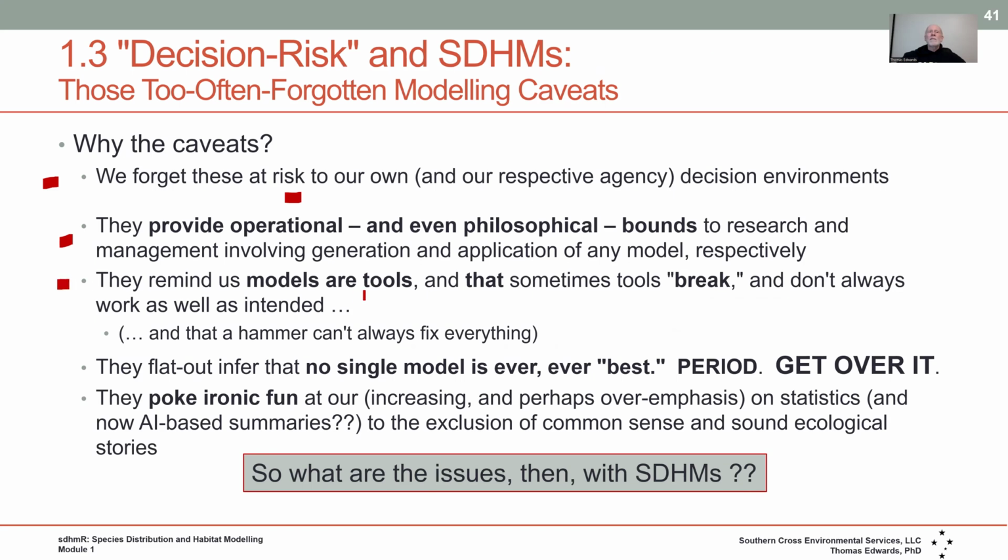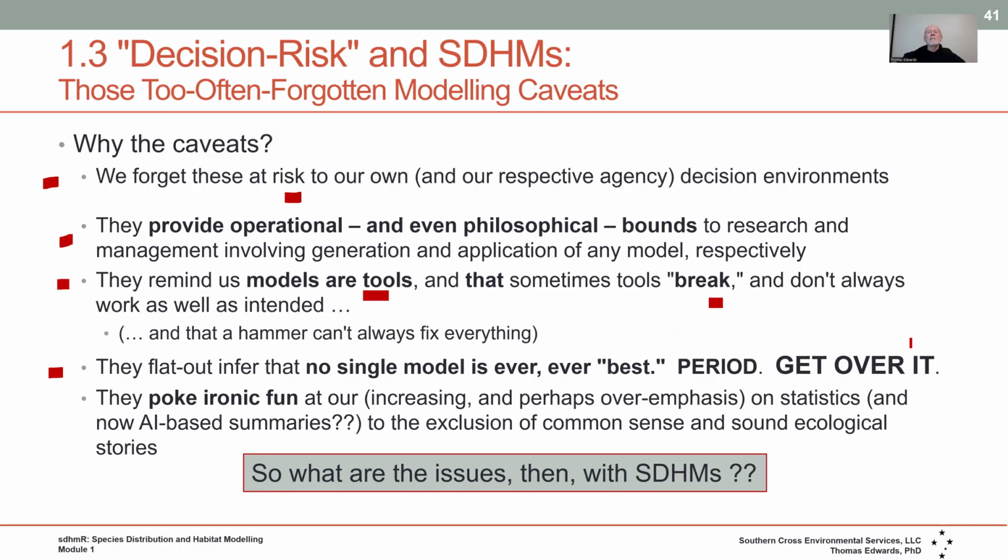They also remind us that these are tools, and tools break and don't always work as well as intended. Think of Mark Twain as well as the answer being 42. They flat out infer that no single model is ever best. Period. Get over it.